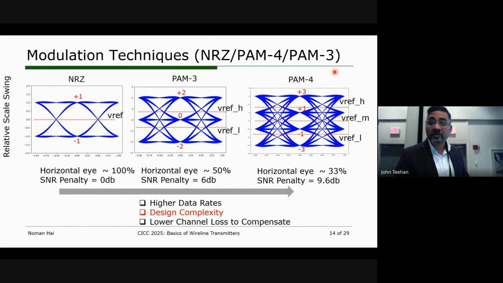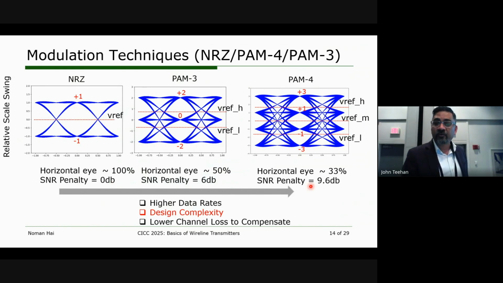PAM3, PAM4 has become a much bigger standard. What we do is send 2 bits of information in the same amount of time. So now technically we increase the data rate by twice without doing anything bad to our transmitter. The only problem is now the receiver has to work with a much smaller SNR, or signal to noise ratio, because before, the signal to noise ratio penalty was 0 dB.